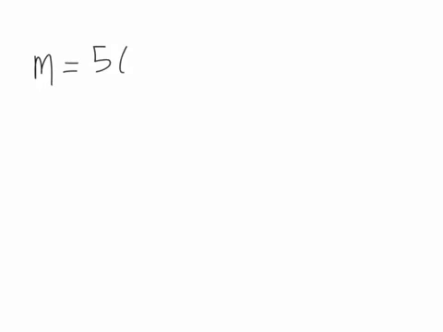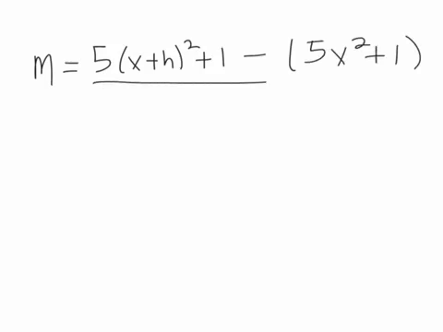So I'll start with the longer y value and subtract the other y value, but I'll use parentheses here so that I do the subtraction correctly. And then in the denominator, the first x value is x plus h, and then we subtract this other x value, which is just x.